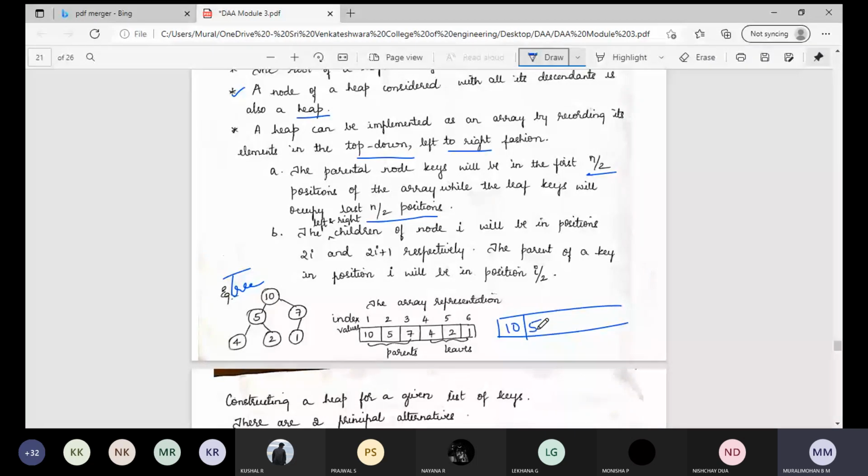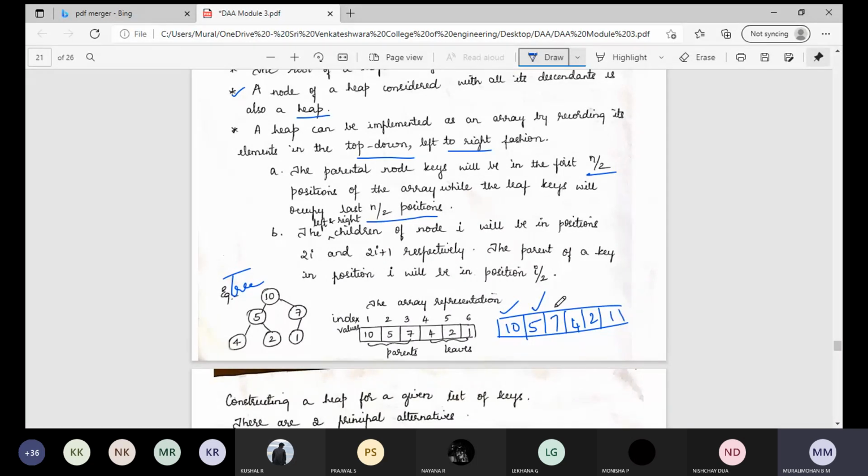Next you take 5. Do we have any children for this 5? Yes, they are 4 and 2. So this 5 is finished. Next you take 7. Do we have any children for this 7? Yes, 1 is there. So 7 is finished.